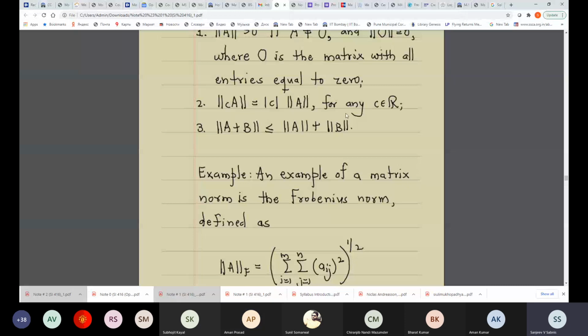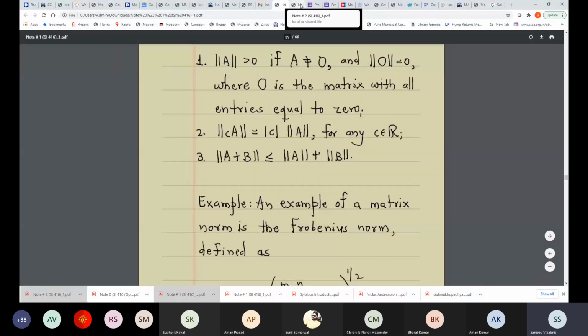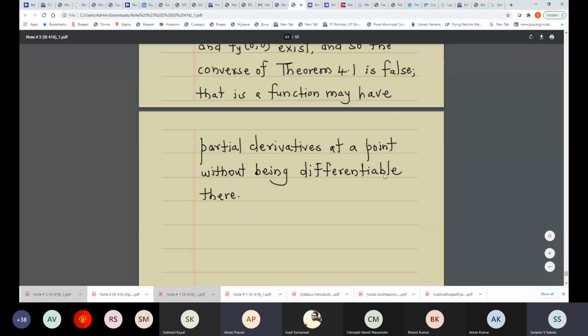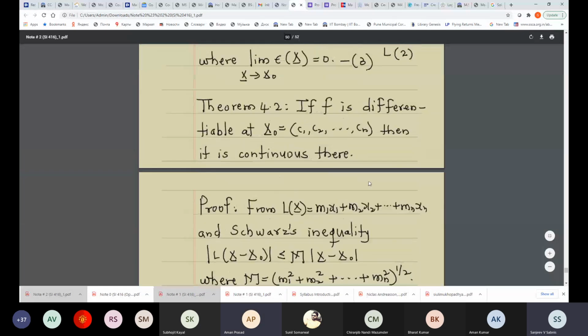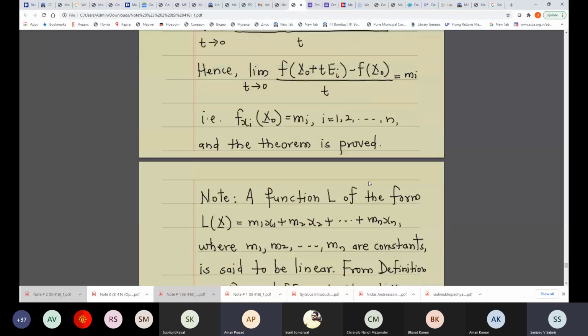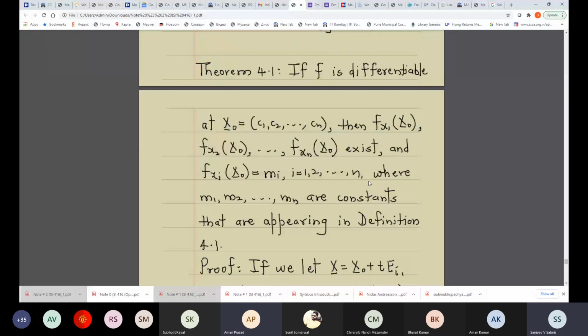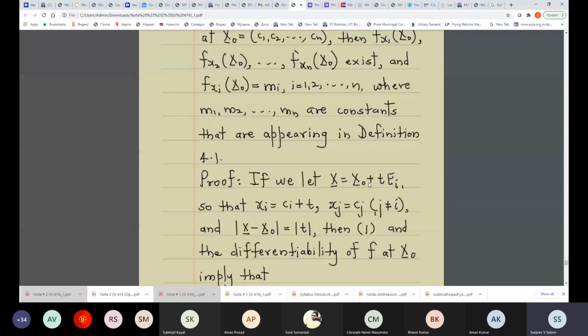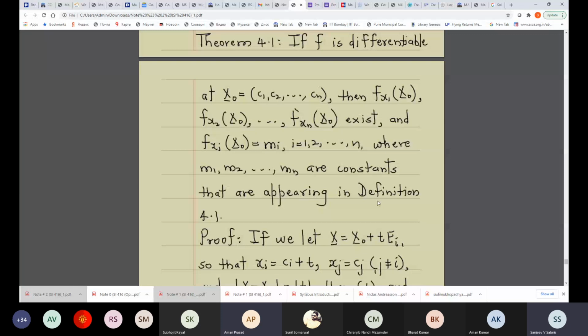One second, theorem 4.1, where we have the partial derivatives and differentiability. For the converse to be true, you're asking. Yeah, so only the first order partial derivatives should be continuous, right? Yeah, they are required to be continuous. Yes. Okay, sir. Thank you, sir.